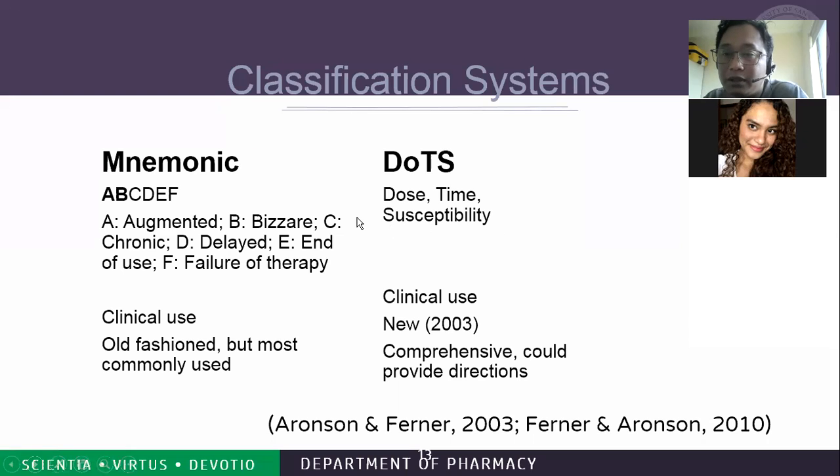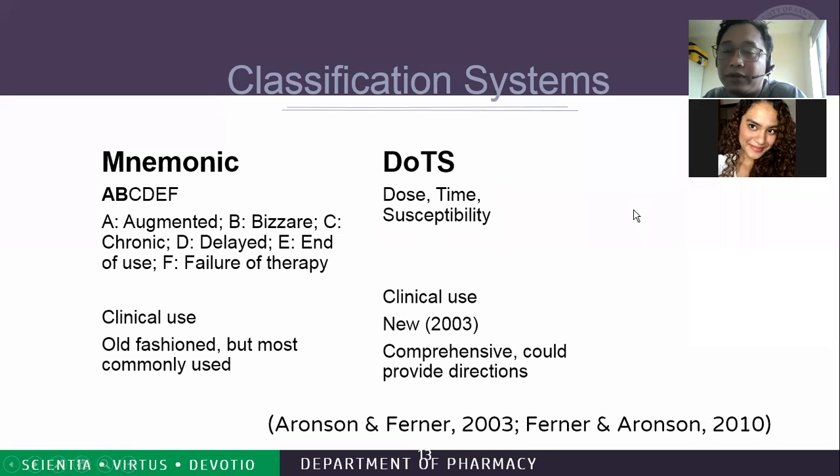I mean the risk factors. If you want a different terminology, the risk factors for a patient to have the adverse reactions. So the DOTS classification system is based on the reaction and also the drug.